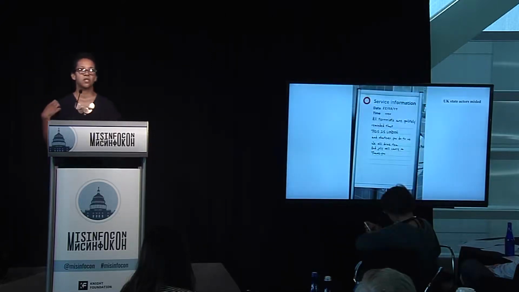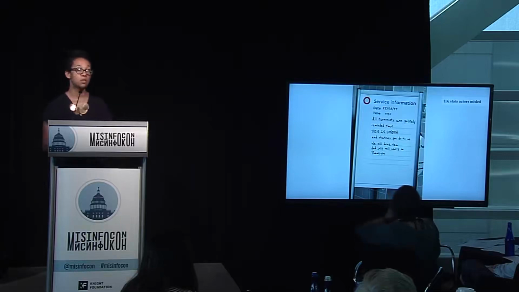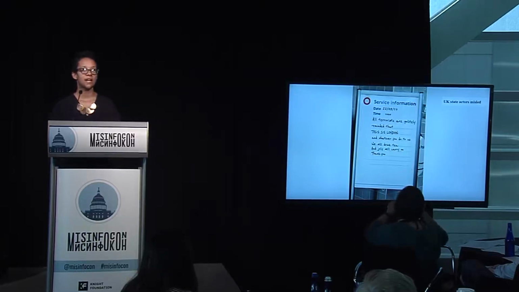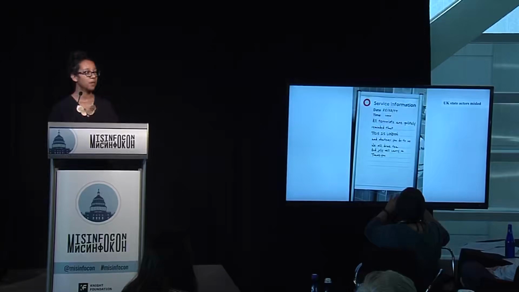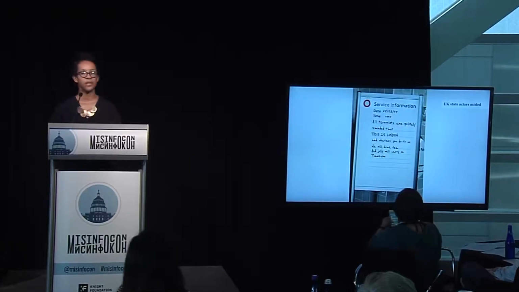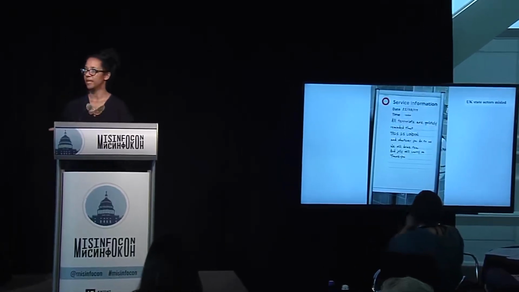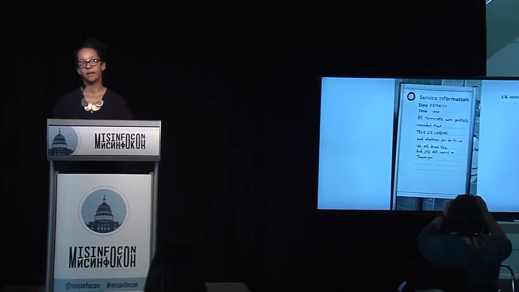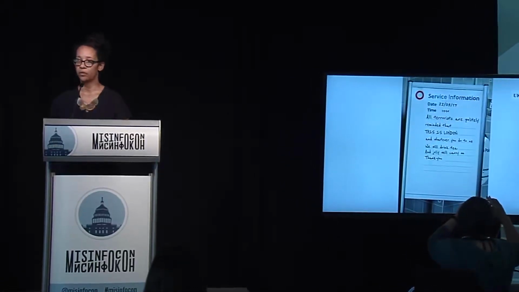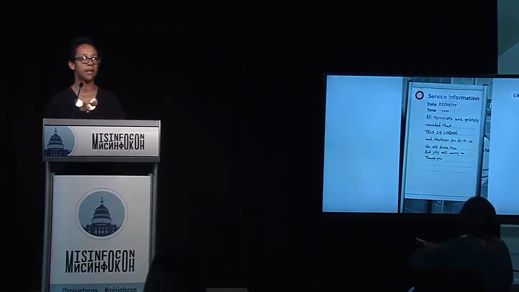This is an image that came about in the aftermath of the Westminster bombing. So this is in March 2017. This is a false image that was shared and went viral in the aftermath, where people were basically saying that Londoners had a particular response to the Westminster attack.